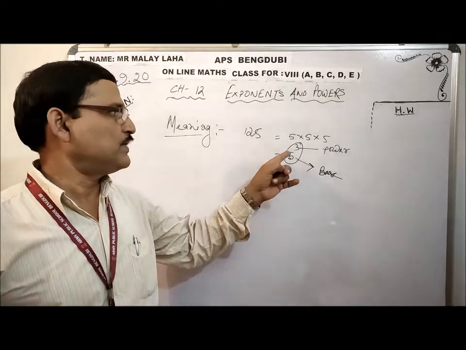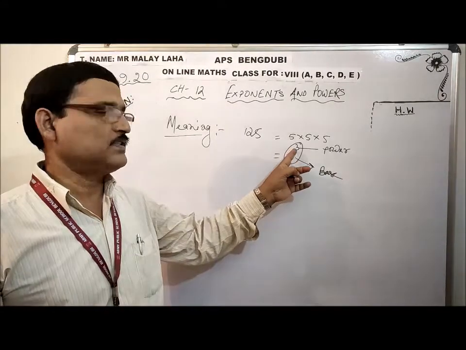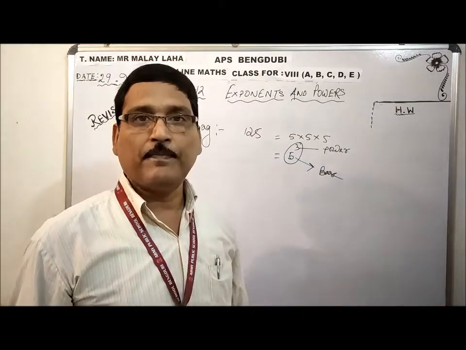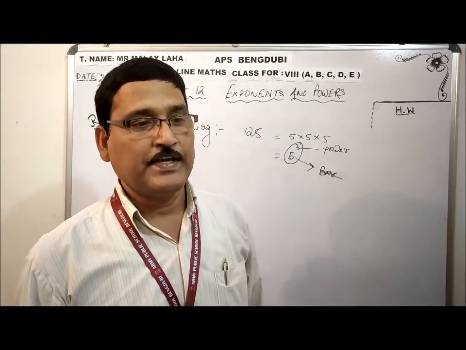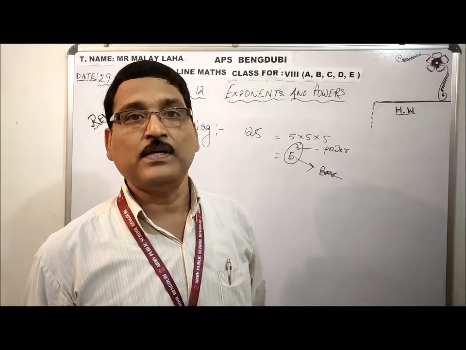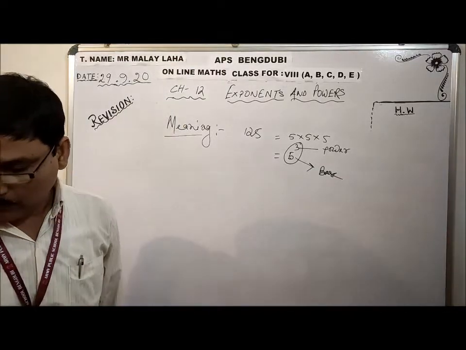After that, we write it in an exponential form. It has two parts: this is the base, and this is the exponent, this is the power. The power may be any rational number. That means it may be a whole number, a counting number, an integer, or a rational number. Got it?